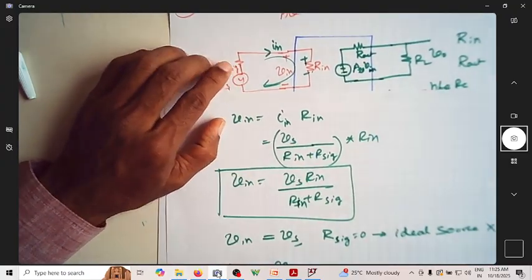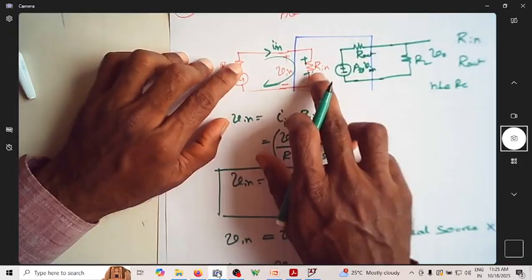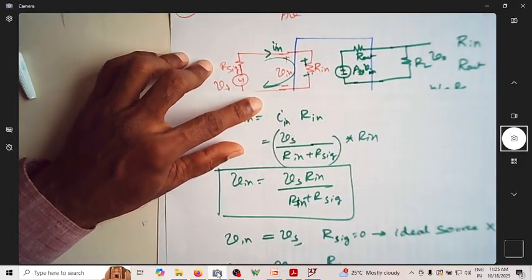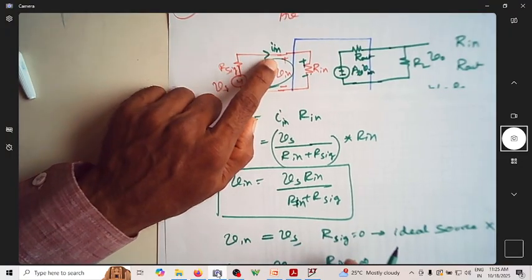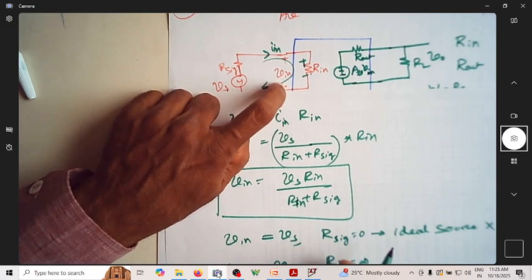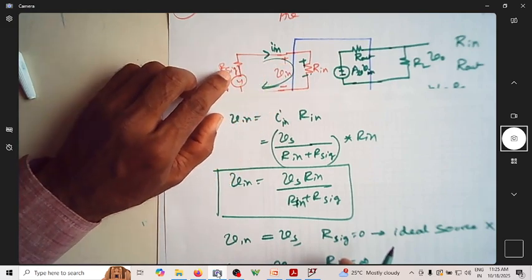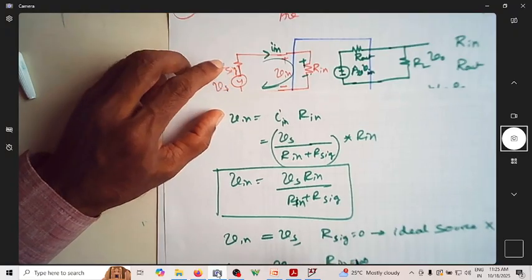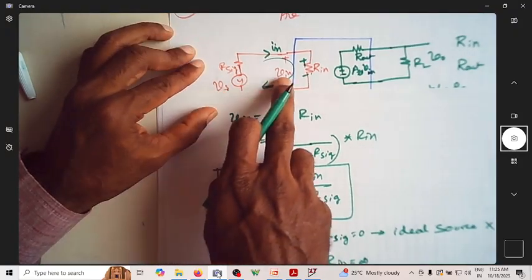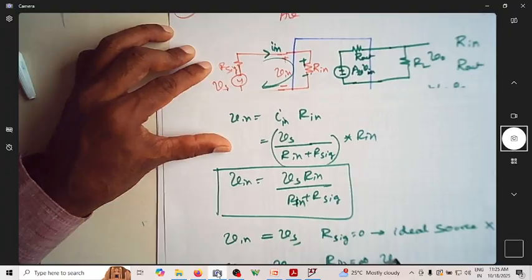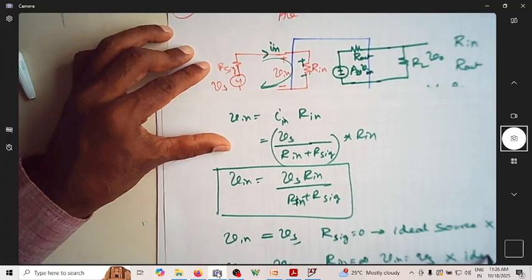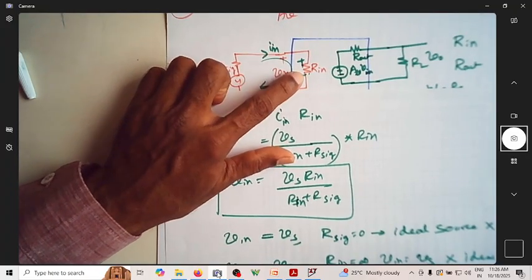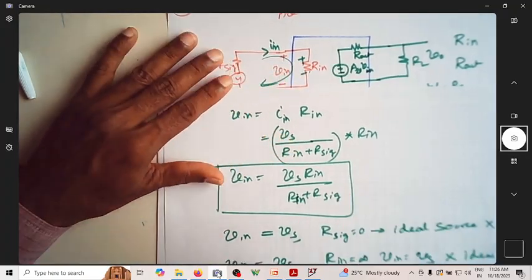Even though you have some finite resistance, suppose Rin is infinity. You see there is no current flowing through this. When there is no current flowing here, this drop is zero. When this drop is zero, then Vin is equal to Vs. Again, this is also an ideal condition, because if there is no current flowing through this, then there is no IB, because it won't happen.